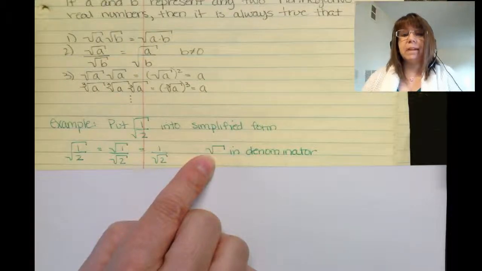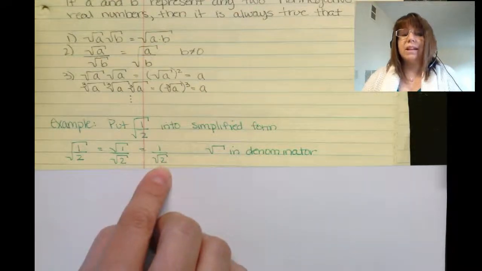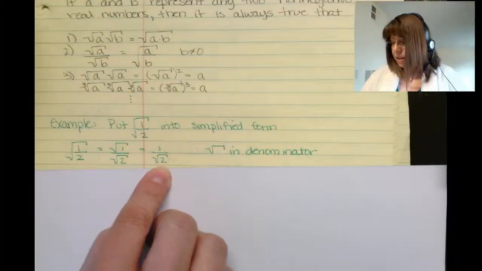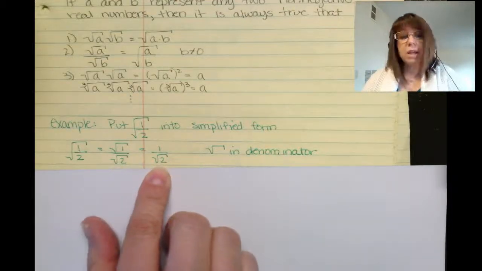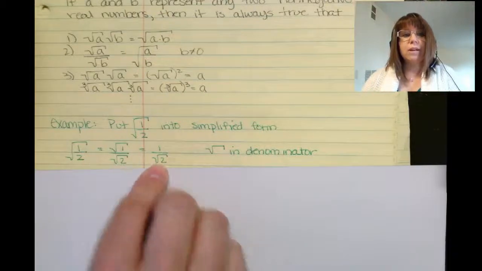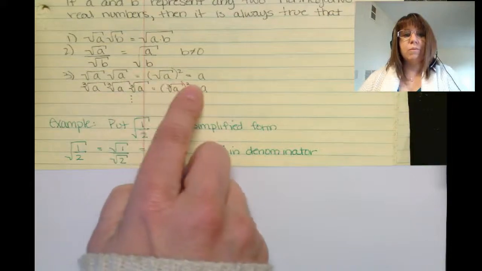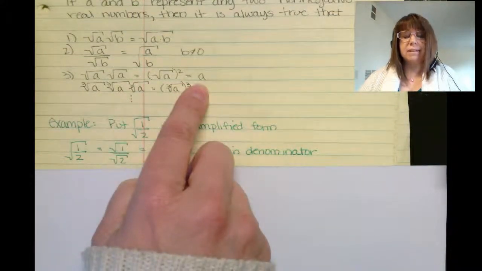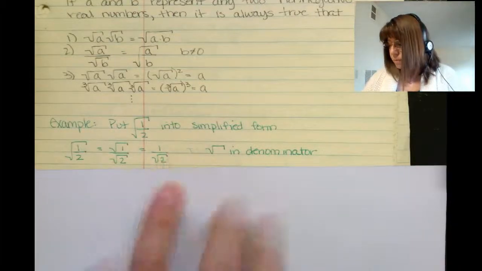Well, we have a rule in mathematics that if I multiply the quantity that I have by 1, it may change the look of it, but it doesn't change the actual quantity of it. So I'm going to use that property to multiply the denominator by the square root of 2, by our third property, to break it out of the radical sign. But if I multiply the denominator by the square root of 2, I must multiply the numerator by square root of 2.